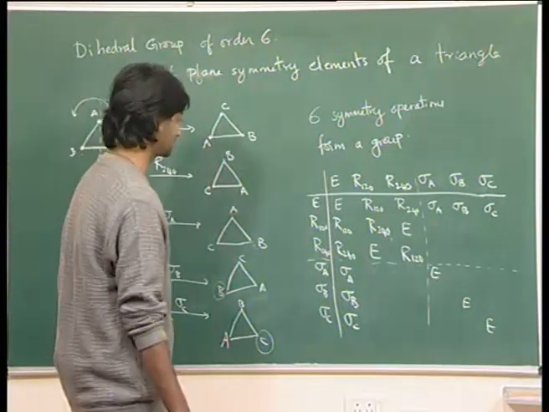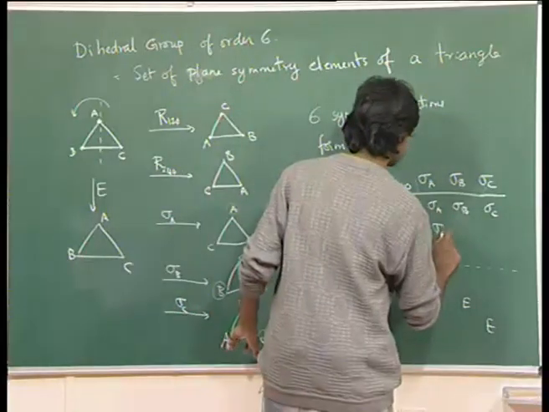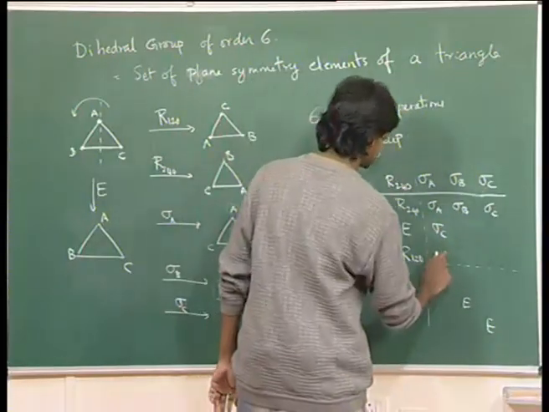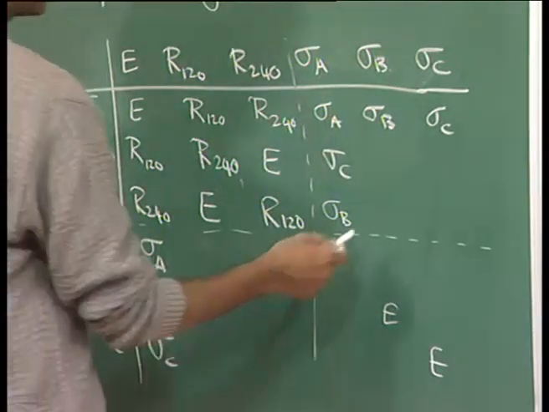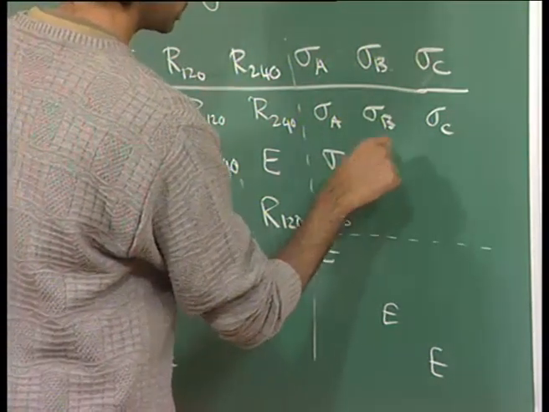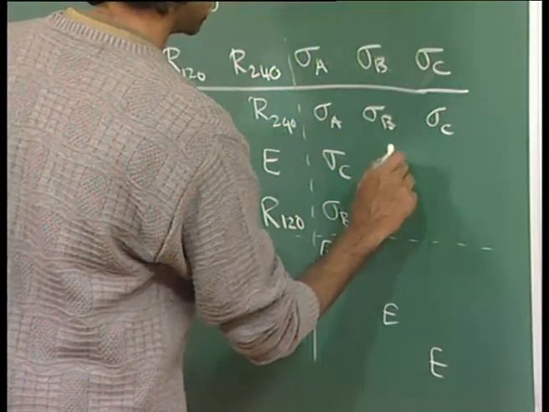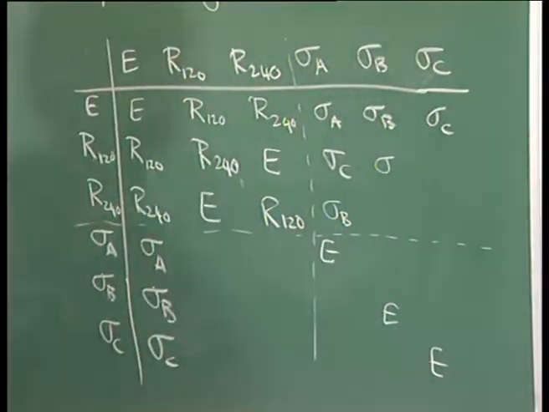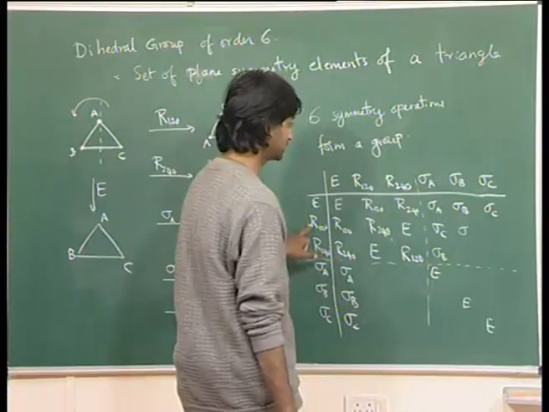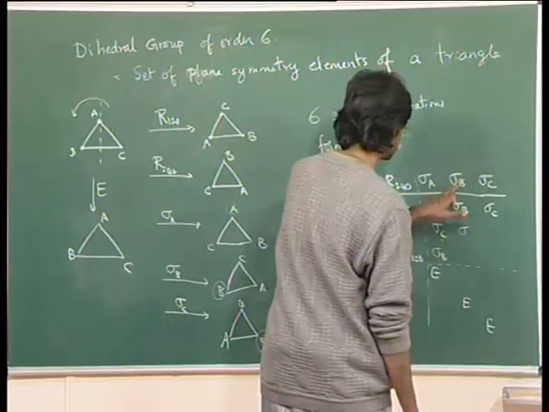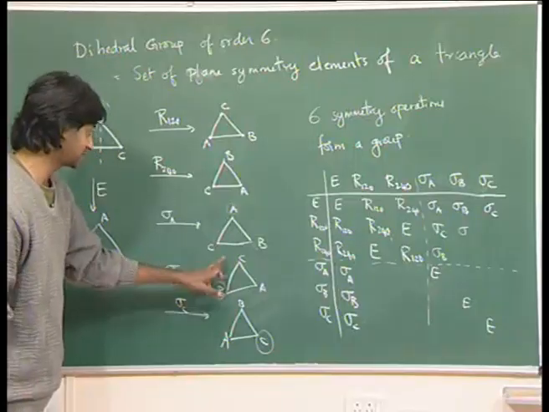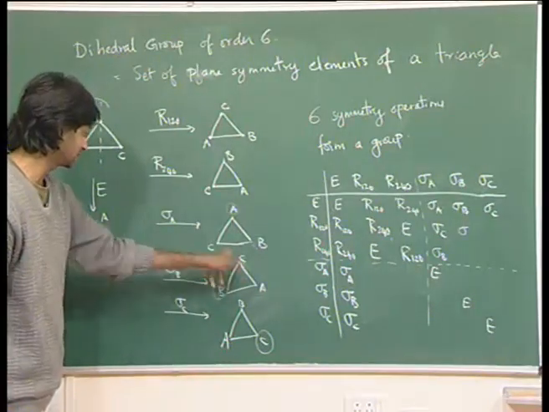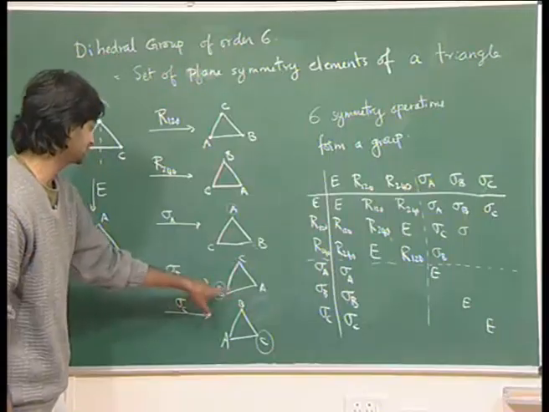So, that corresponds to sigma C. Similarly, you can show that this is sigma B. Now, if I do sigma B followed by R120, you can easily show that this will be sigma A. So, I do sigma B and then rotate by 120 degrees, and A is where it is, B and C are swapped.